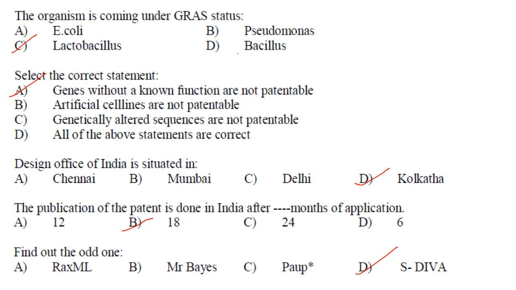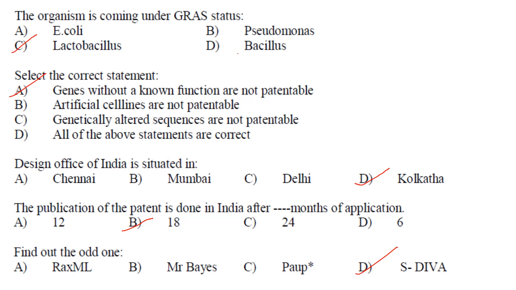Then next one. The publication of the patent is done in India after dash months of application. So answer is 18. Answer is option B. Then next one. Find out the odd one. RAxML, MrBayes, PAUP and S-DIVA. So RAxML, that is Randomized Axelerated Maximum Likelihood, MrBayes and PAUP. PAUP is Phylogenetic Analysis Using Parsimony.